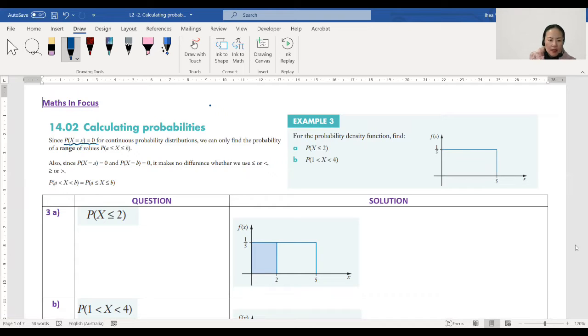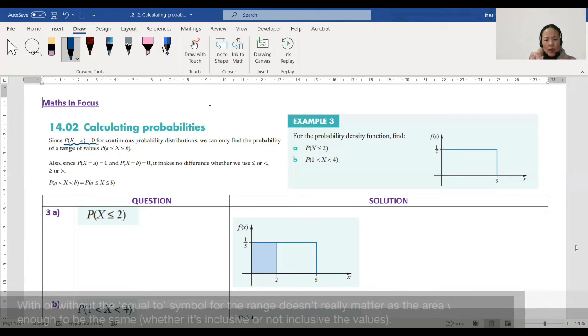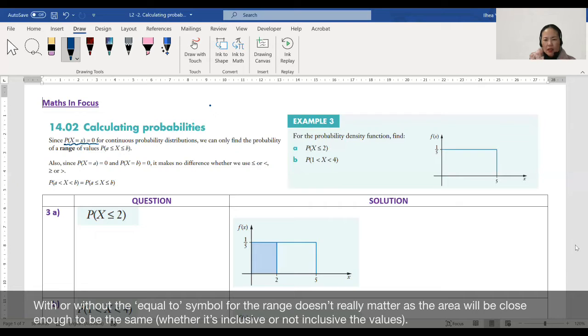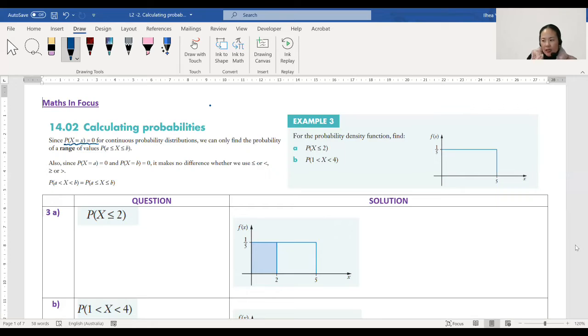Also, since P(X = a) equals 0 and P(X = b) equals 0, when x is a single value the probability is 0. So it doesn't really matter whether it's less than or equal to or not, because it's going to be the area. The basic idea here is really probability equals area. If you could just remember that, that would be really good for this topic.